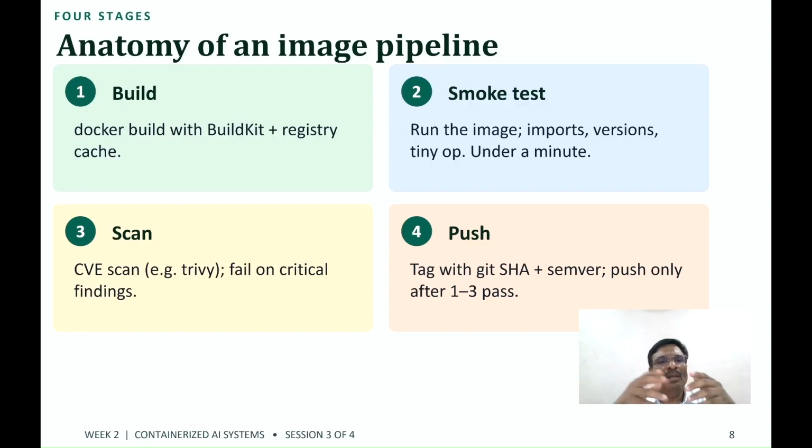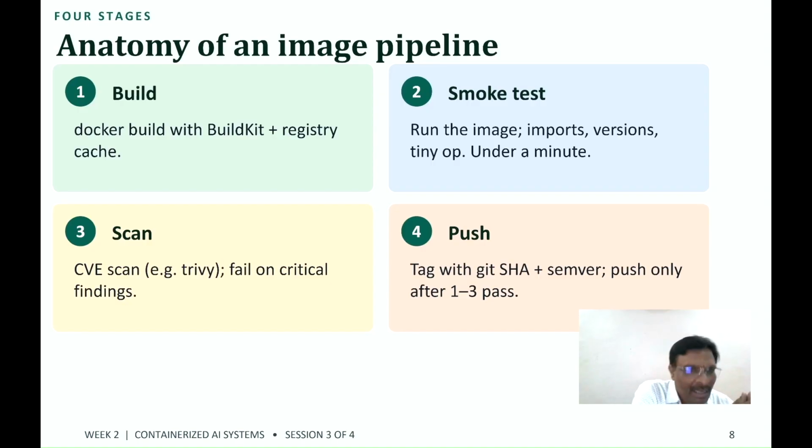And then we do scanning. That basically means if we are doing certain boundary condition type of testing, we need to understand the very, very critical findings. Are we failing? All of that. And then we push. Okay. So push only after stages 1 to 3 pass.